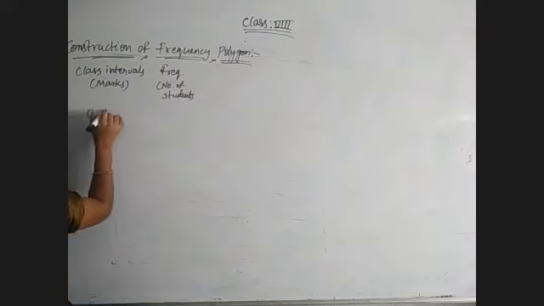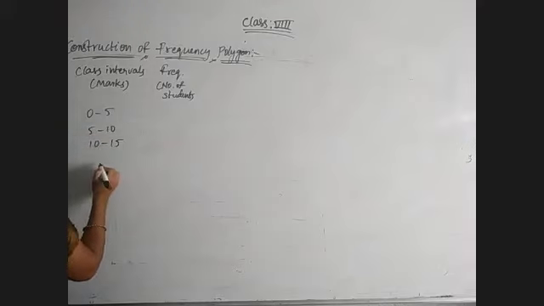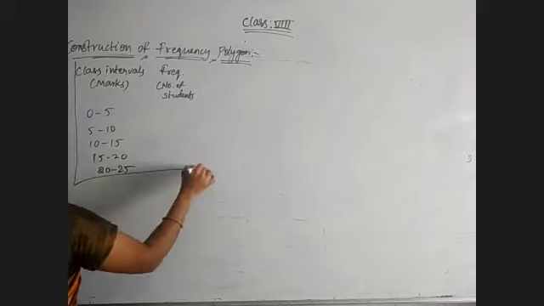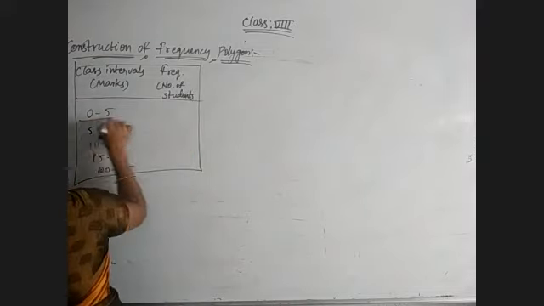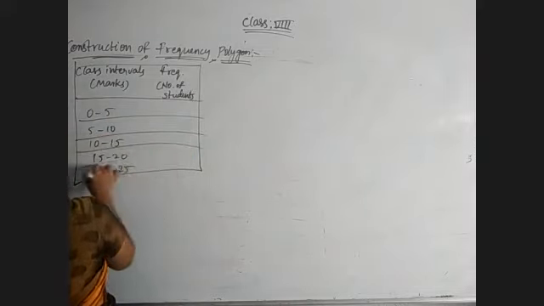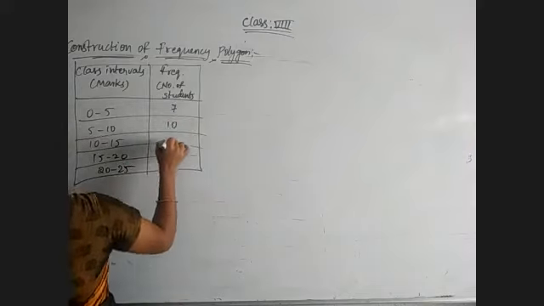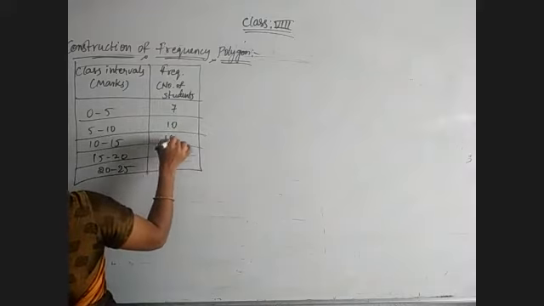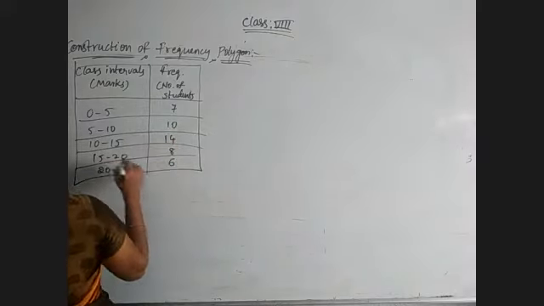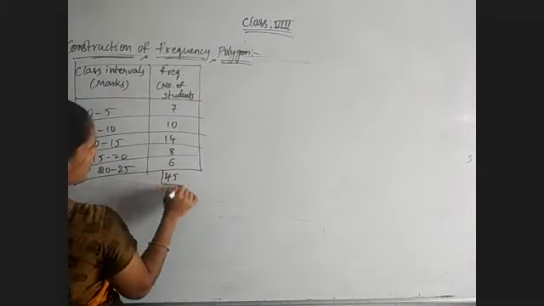Class intervals given are 0 to 5, 5 to 10, 10 to 15, 15 to 20, 20 to 25. This is also a continuous series, not discrete, meaning exclusive classes, not inclusive. Frequencies are 7, 10, 14, 8, 6. And if you add these, we get 45 students.